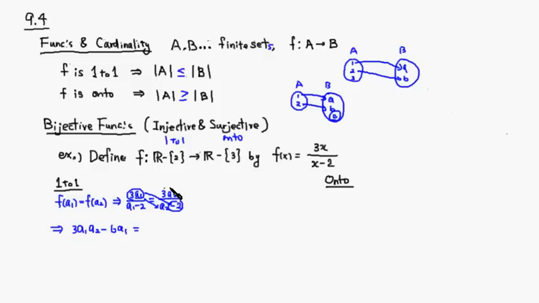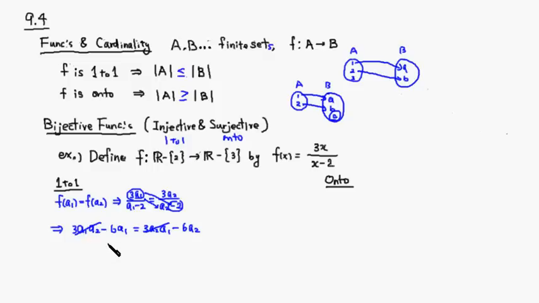Then you have 3a2 times a1, so 3a2a1, minus 6a2. Let's simplify. 3a1a2 and 3a2a1 are the same, so we can cancel those.